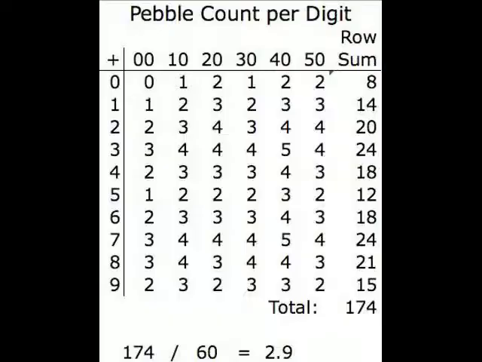If you keep track of the number of pebbles you need for each digit, each number, and total them up, you get 174. Dividing by 60 to find the pebble count on average per number, you get 2.9, or about 3.